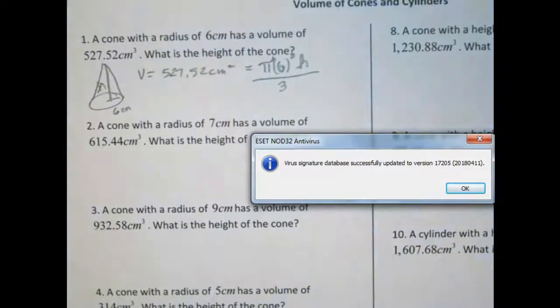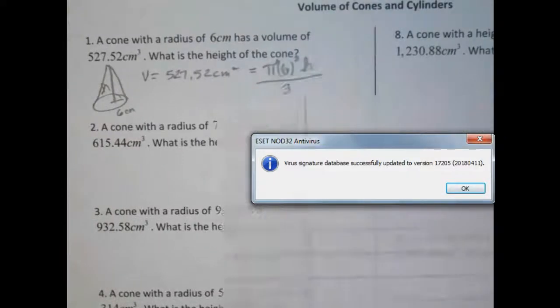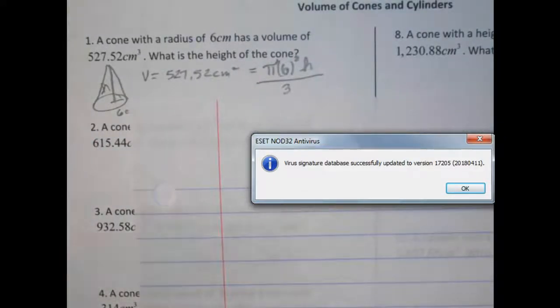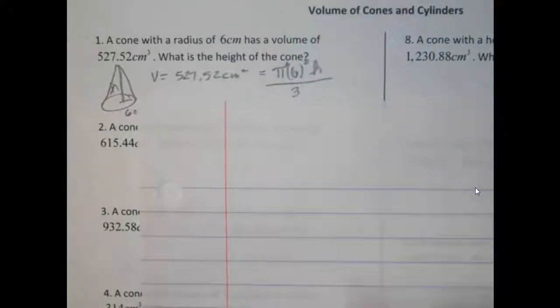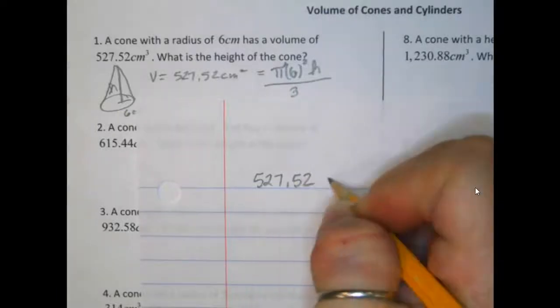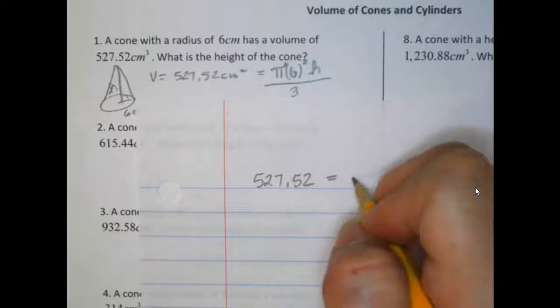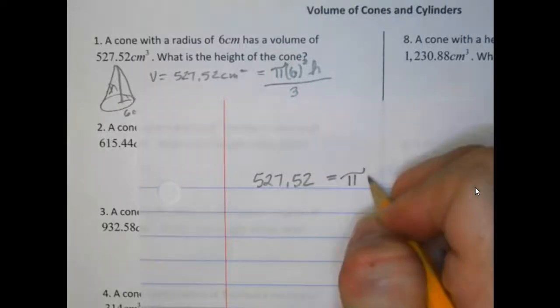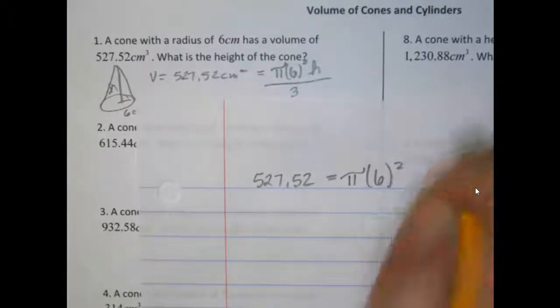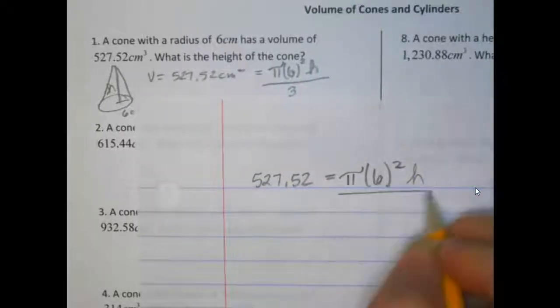Let me pull a separate sheet of paper. Okay, so remember I said your work on a separate sheet of paper? Here's my separate sheet of paper. So I'm going to write 527.52 is equal to pi times 6 squared, which is my radius, times h divided by 3.